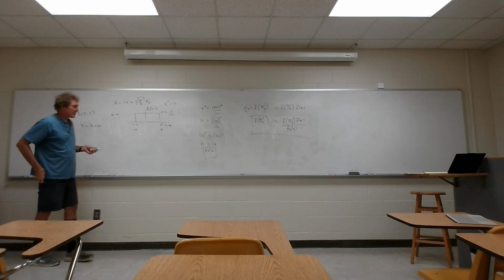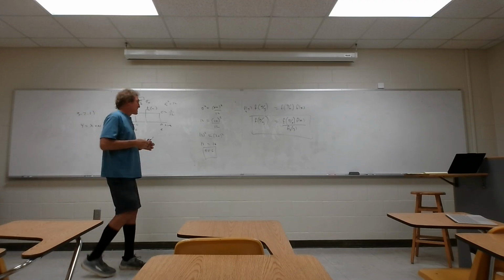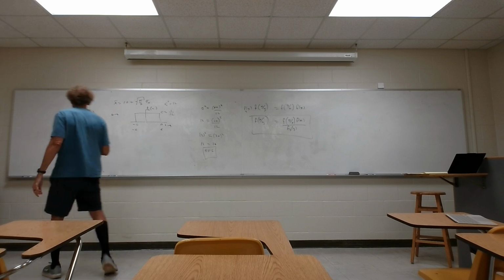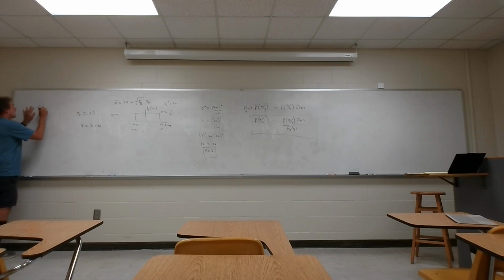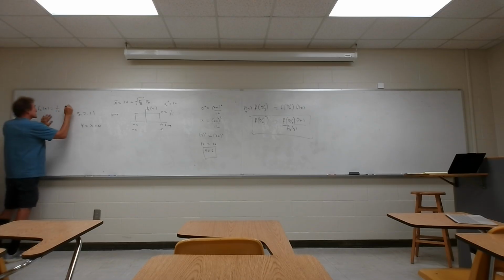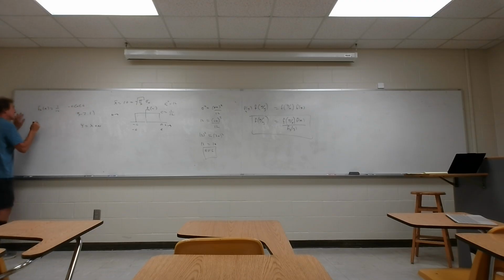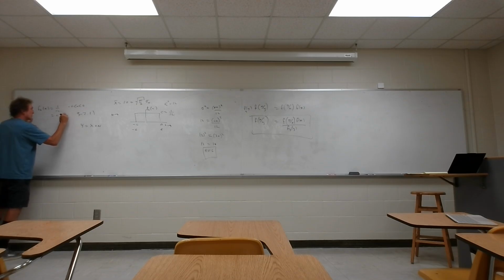Using this formula, f of n of the noise is equal to 1/12, for -6 less than the noise less than 6, and 0 else.